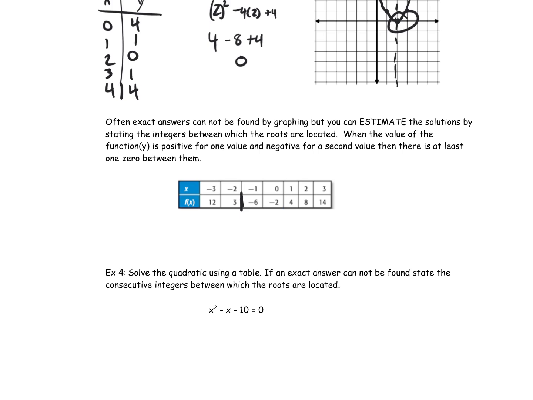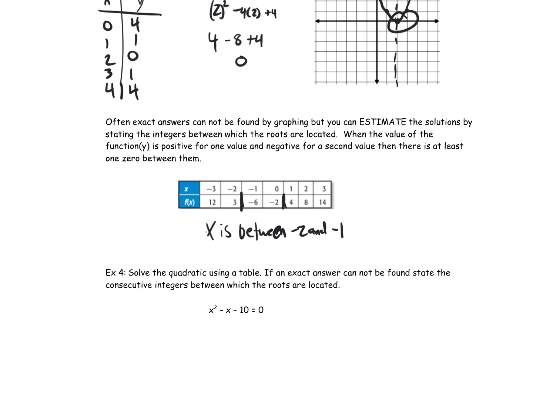And that means it goes across 0. So that means one of our solutions is somewhere, so x is between -2 and -1, and then going from negative to positive. So we got negative, negative, and then back to positive.